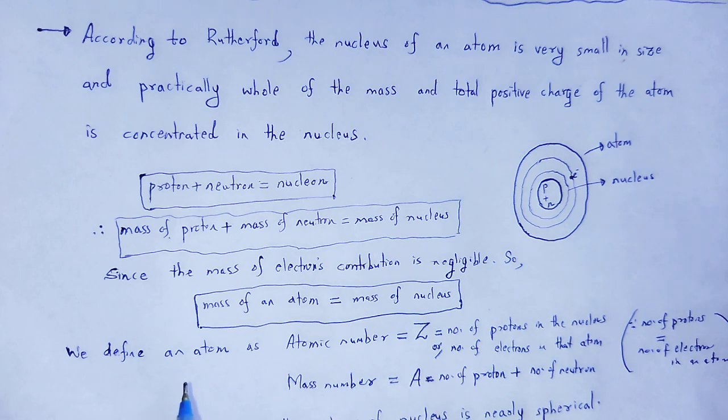In this way, we define an atom with its atomic number Z and mass number A.